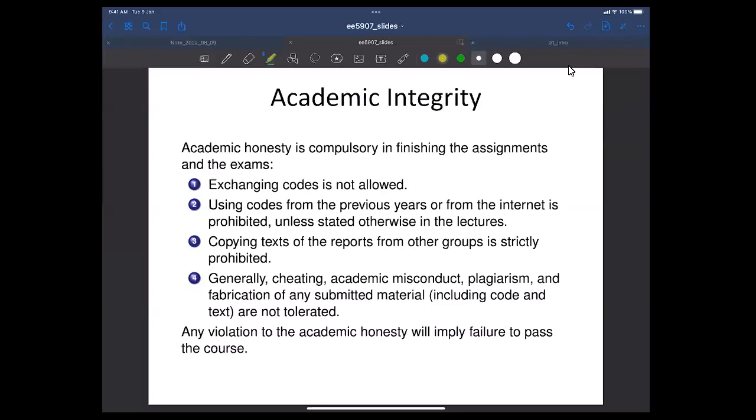Some of them were very good students, but they had to leave the university, expelled because of cheating in this course. So please don't do that. The academic integrity has to be maintained.